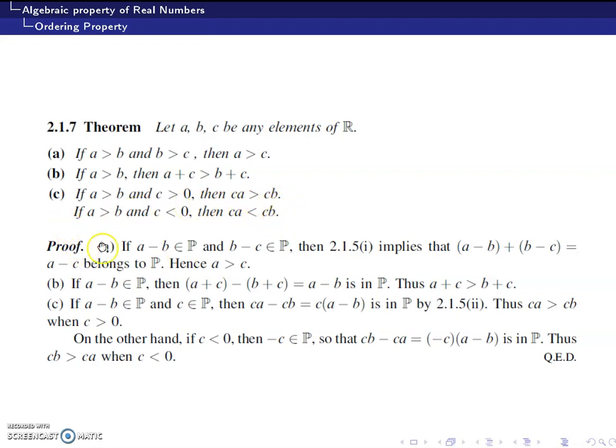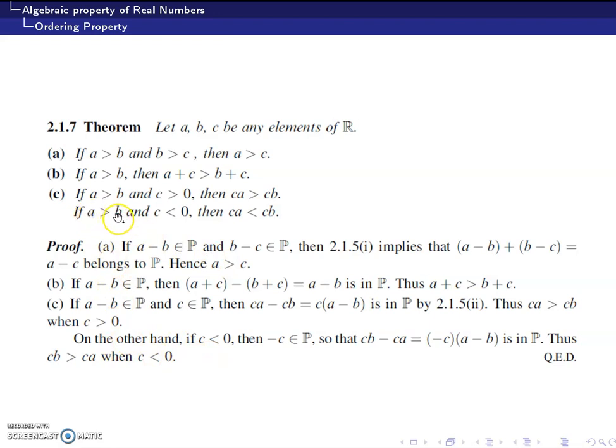Now move on to the last part. If A greater than B and C is less than 0, then CA is less than CB. That is, if we multiply both sides of an inequality by a negative number, the inequality reverses. Let's prove this.